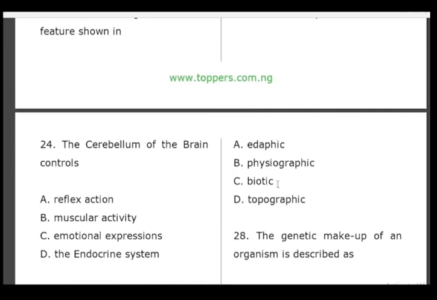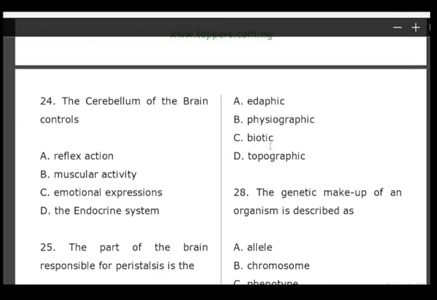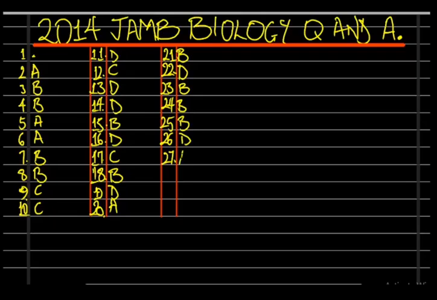Biotic components are just plants and animals, organisms that have life in them. And then topography is talking about the plane of that particular soil level or the field being talked about. So topography talks about it either being steep or being sloping. But when we talk about the soil structure itself, it is talking about the edaphic factors, and that is option A.